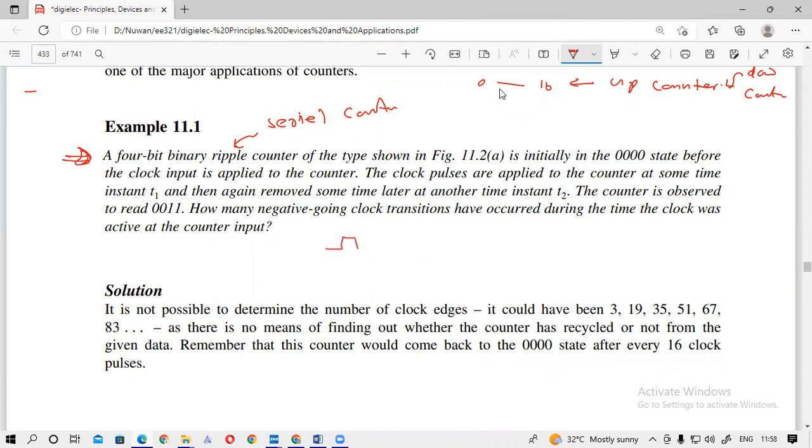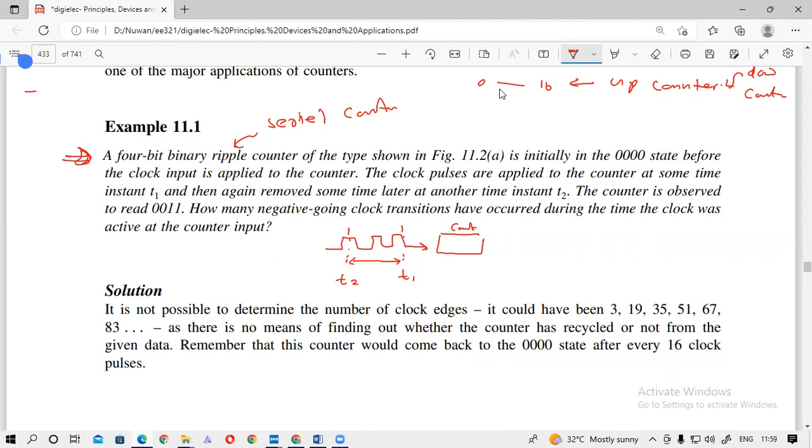The clock pulses are input first at T1 to the counter, and after some time, at time 2, we don't know what the time is, anyway at time 2 the clock is stopped.